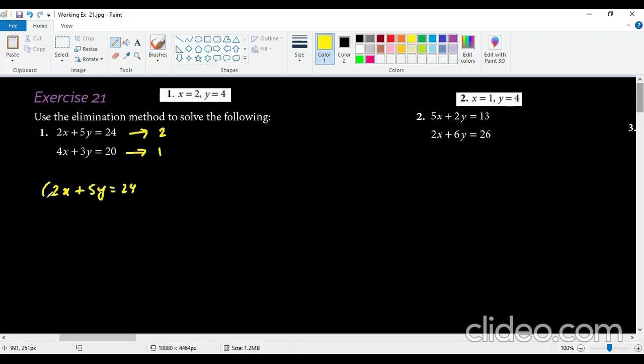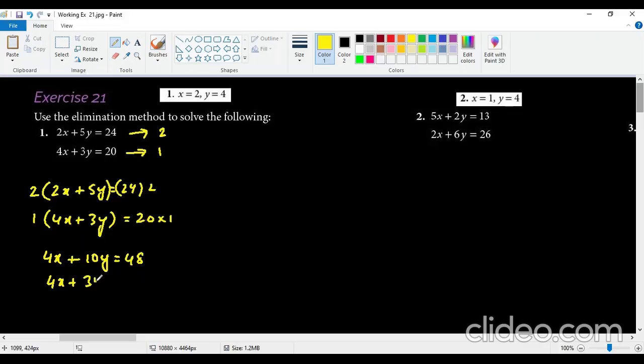Now this whole thing is going to be multiplied by 2 on both sides, and equation 2 is going to be multiplied by 1, and this is going to be 20 multiplied by 1. This step is very much necessary when you are solving these types of questions in the exam or in your notebook. Now the first equation is going to be 4x plus 10y equals 48, and the second equation becomes 4x plus 3y equals 20.